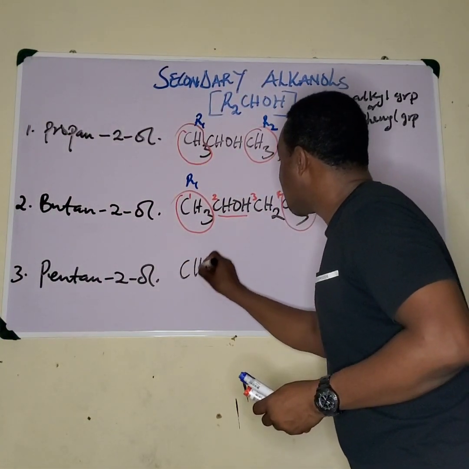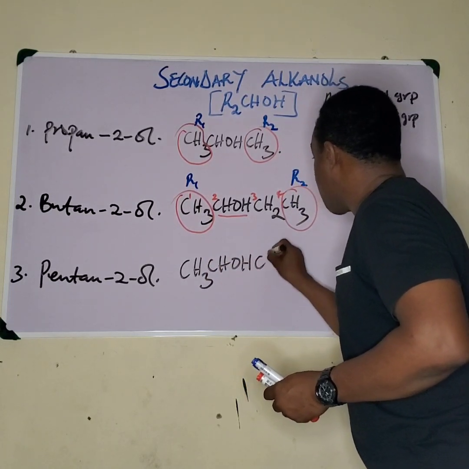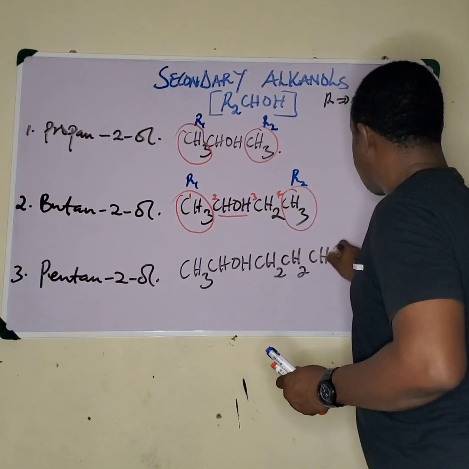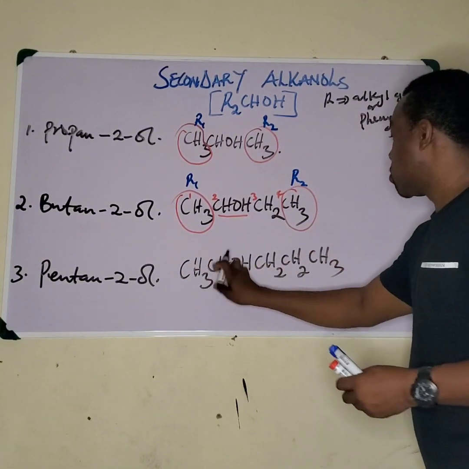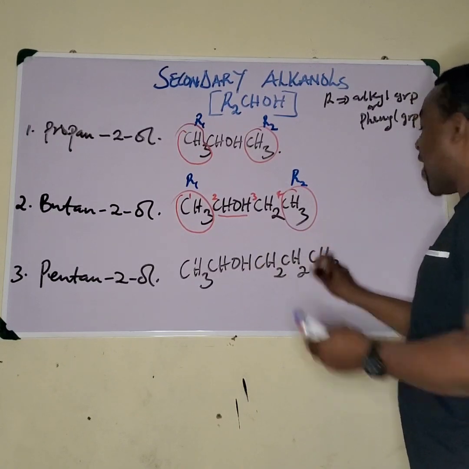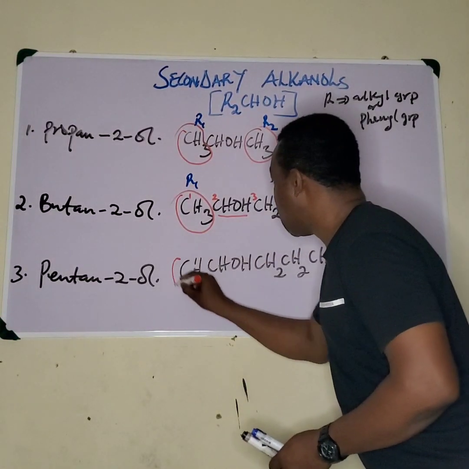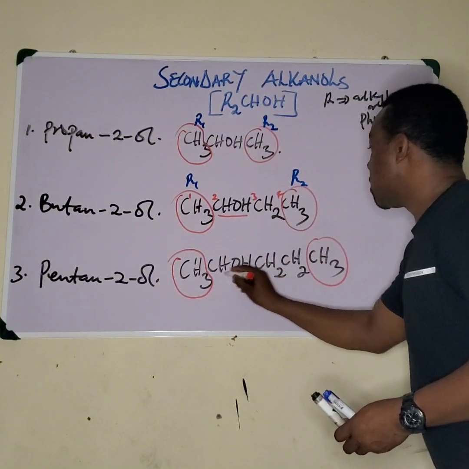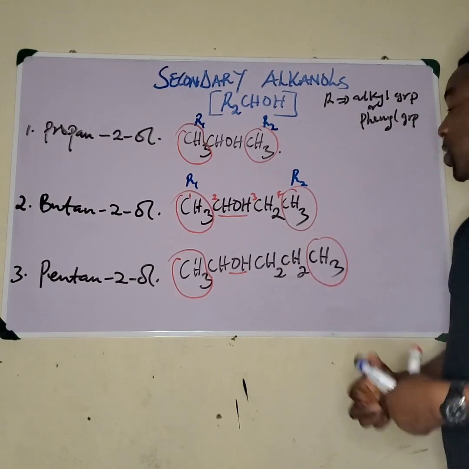So we have CH3, because of the position of the OH. I have it here: CH2, CH2, and CH3. Am I right? 1, 2, 3, 4, 1, 2, 3, 4, 5. Okay, it is correct. So you will agree with me, we have one alkyl group, two alkyl groups, and the OH is attached to a carbon-hydrogen atom, that is a CH atom.